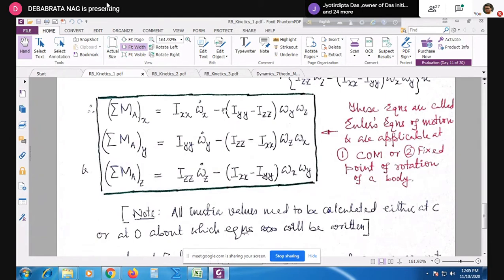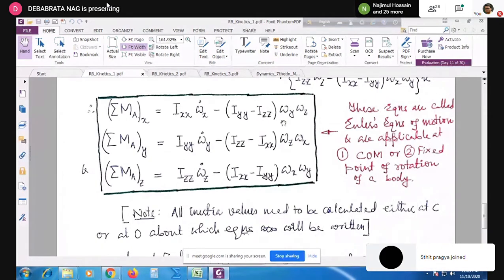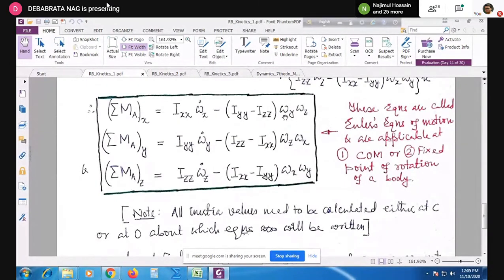The other part of the acceleration is due to the product of the angular velocities about two different axes, which gives what is called the gyroscopic acceleration. And this group of terms will represent the contribution of the gyroscopic moment on the different moment equations of your rigid body.